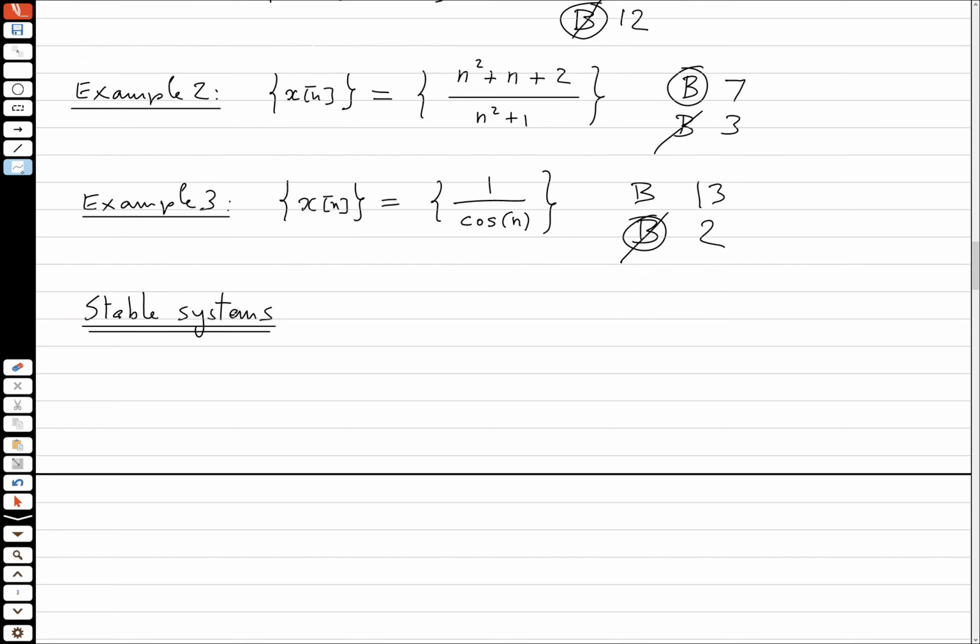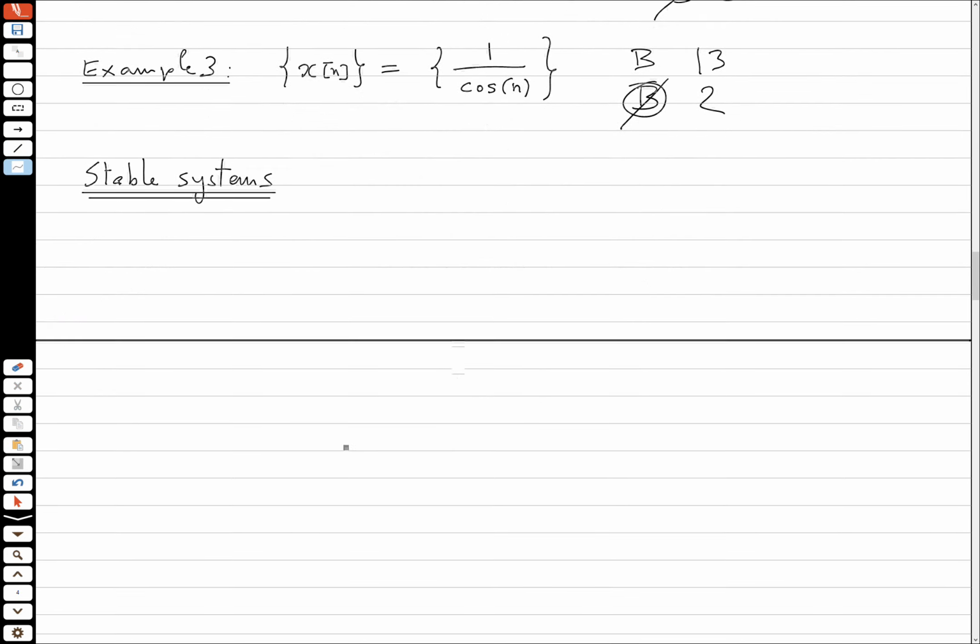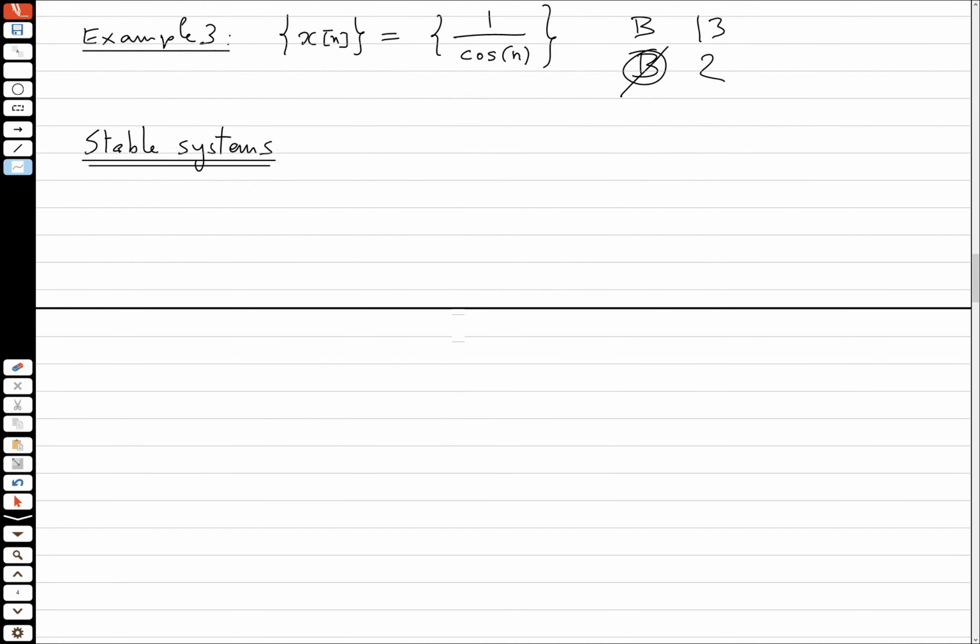Okay, let me tell you the property of stability. This is where students get really confused for some reason, so I warn you in advance. The statement is going to be simple, but students misunderstand it.